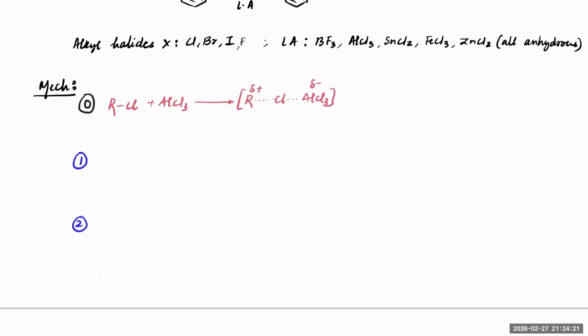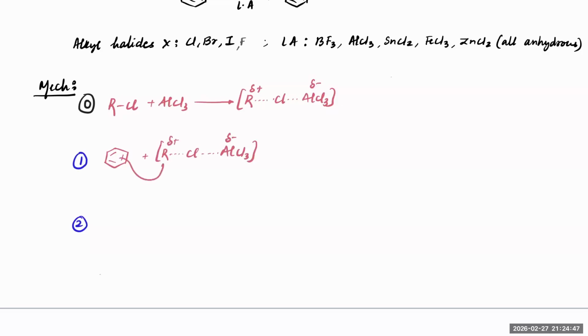Whether it becomes a complete carbocation or not depends upon the stability of the carbocation. If R plus can become a very stable carbocation, it can immediately break into R plus. Otherwise, benzene will directly attack on this transition state, that is R, Cl and AlCl3, which has delta minus and delta plus.